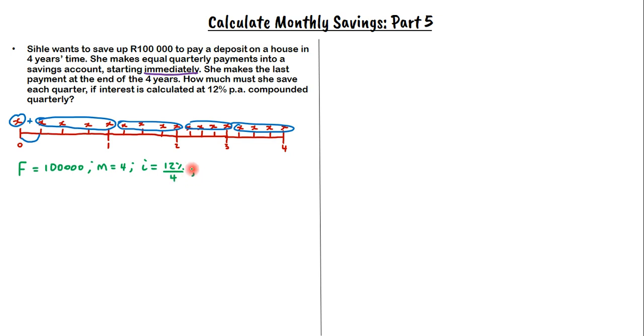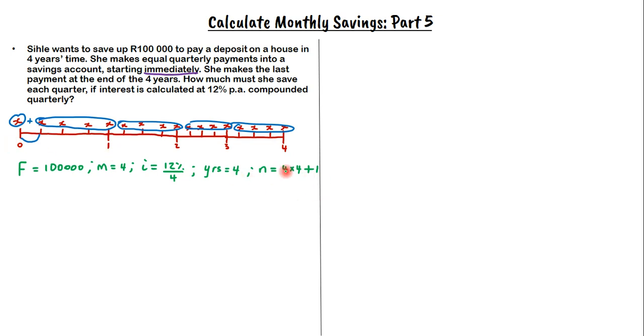And then n is going to be the number of times that she made those deposits. So instead of saying this is going to be 4 times something, because here, if you remember, the years are 4, and it is 4 times 4, we'll say 4 times 4, but then we'll add 1, because there's that one payment that Sihle made immediately.